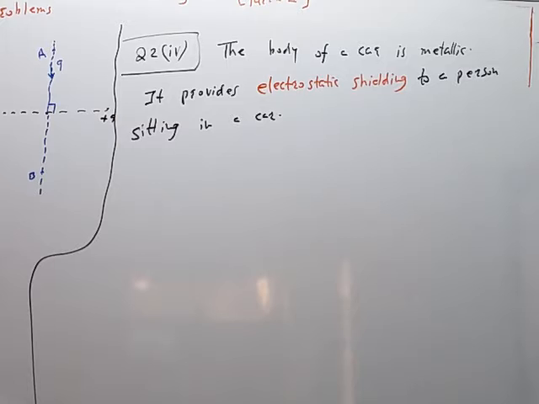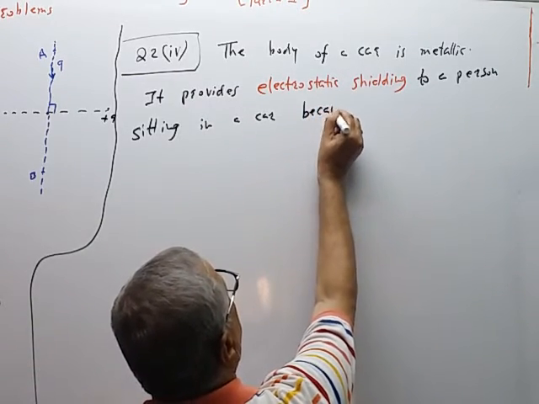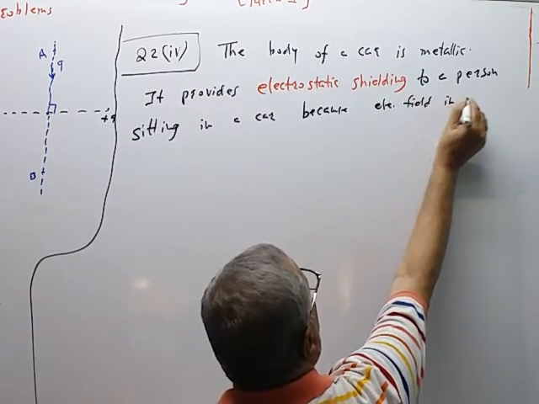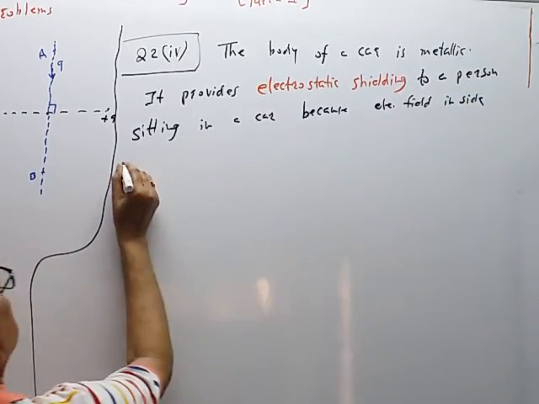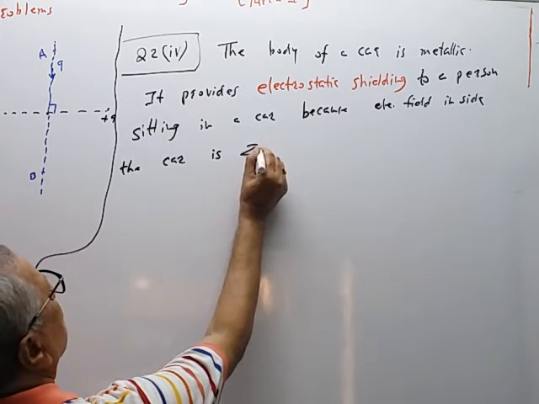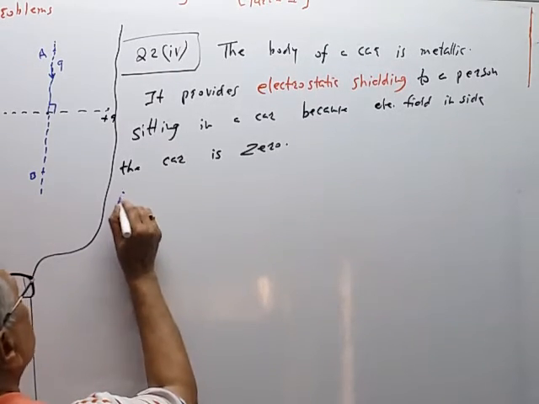Because electric intensity vanishes, because the electric field inside the car is zero. Electric field vanishes means potential difference will be zero and no possibility of shock. Therefore, the discharging of the lightning passes to the ground through the metallic body of the car only.